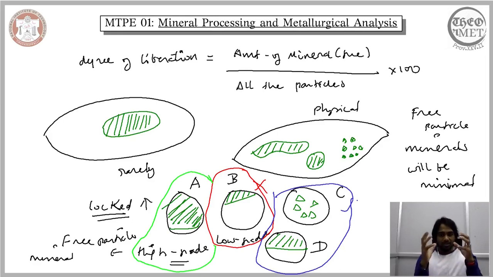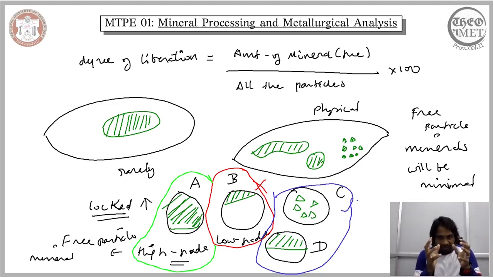In the realistic case, the free particles are often not chemically homogeneous. These high grade particles are often treated as free mineral particles, and the low grade locked particles are often treated as free gangue particles.